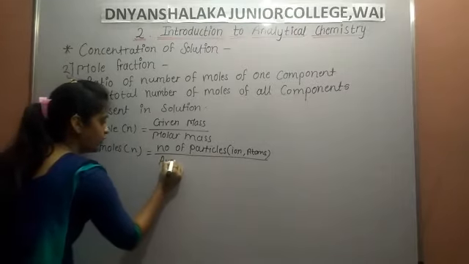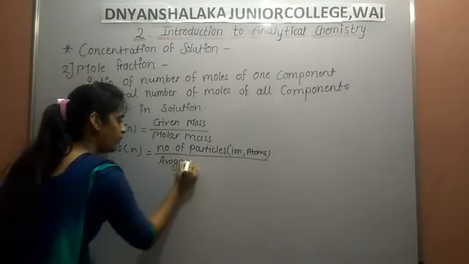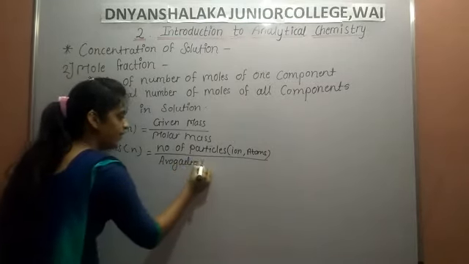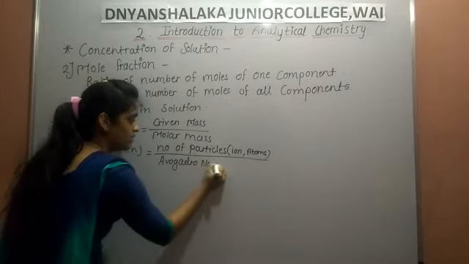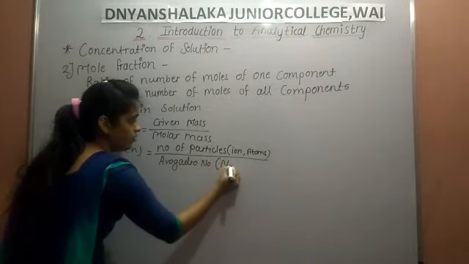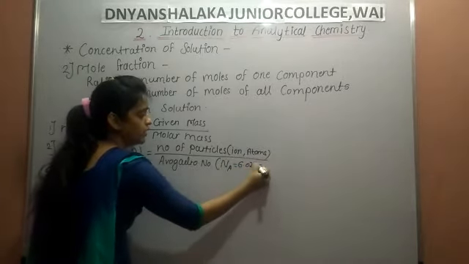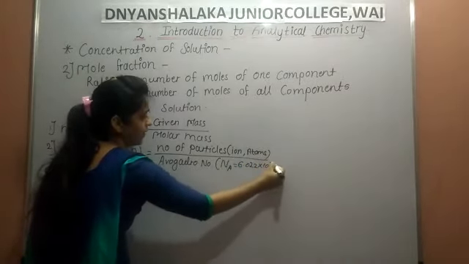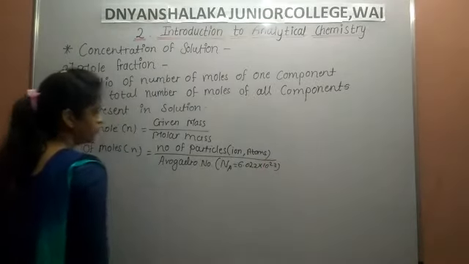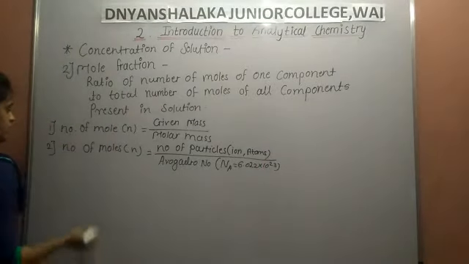The Avogadro number we denote as Na, and its value is 6.022 into 10 raised to 23 per molecule.